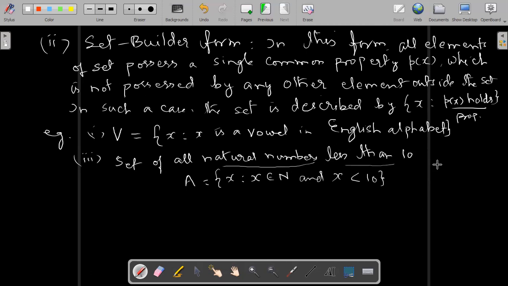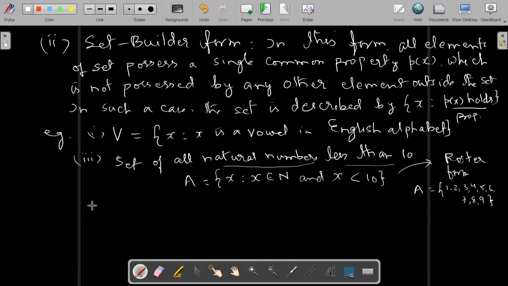If it is written in roster form, the same set becomes 1, 2, 3, 4, 5, 6, 7, 8, and 9. Less than 10 means up to 9 will come. So this is the roster form of the same set.